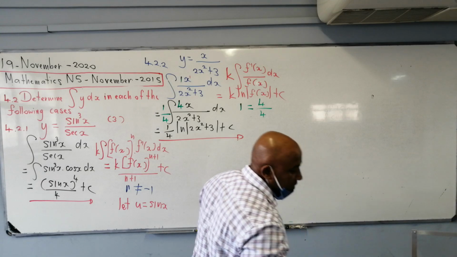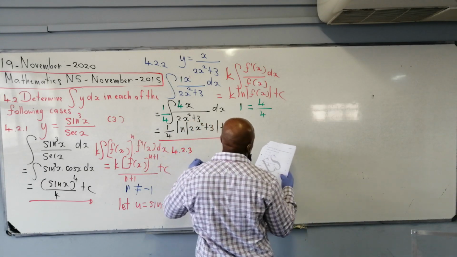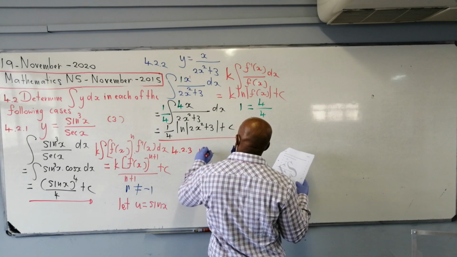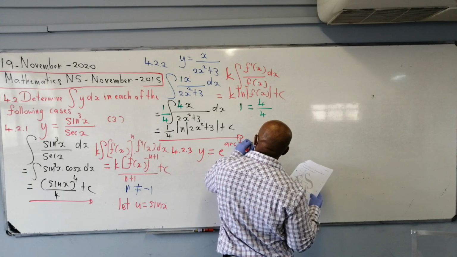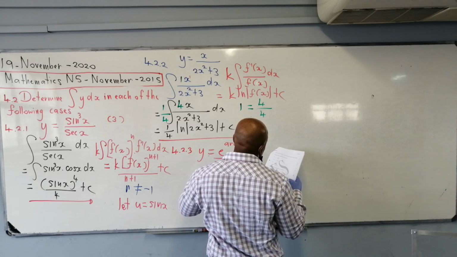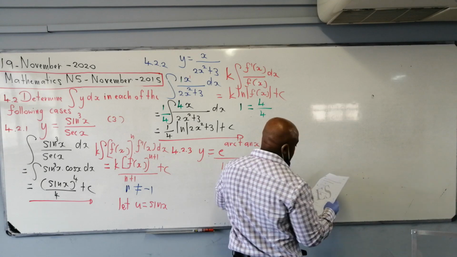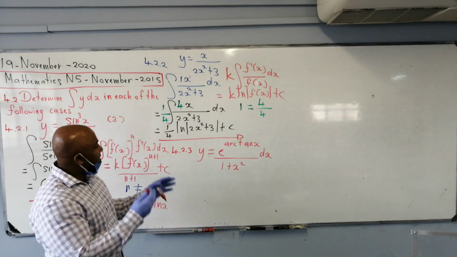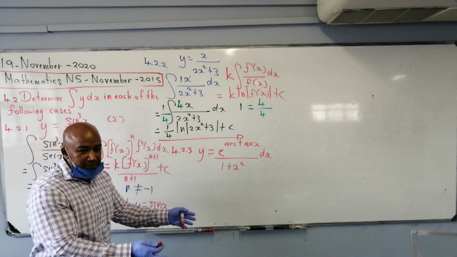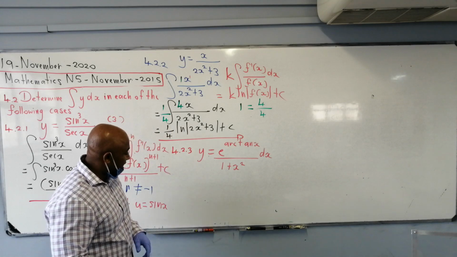Alright, next one. So we got e to the power arctan x over 1 plus x squared dx. Now, it looks like they're going type A, type B, type C in order as in the book. You can see you got one of each type there.